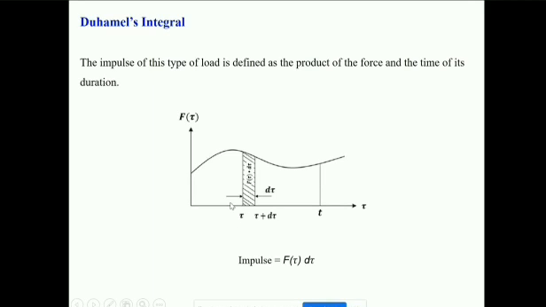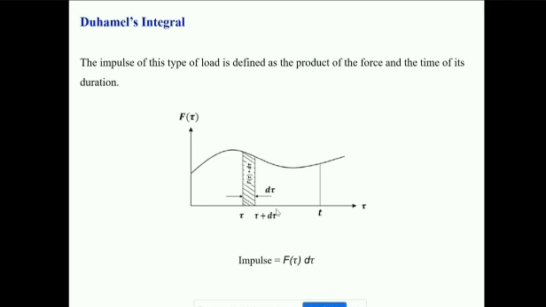So if we consider that we have to sum up the responses for each such impulsive load acting over a very small or infinitesimal time interval, then to have the response together at t, we have to sum up the response for each of these strips, and in each case the effect of each strip will be calculated at a time length of t minus tau, and then added.